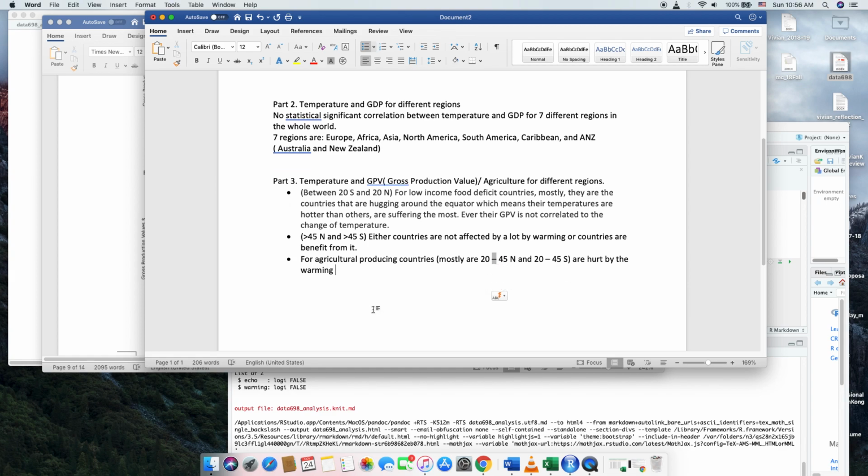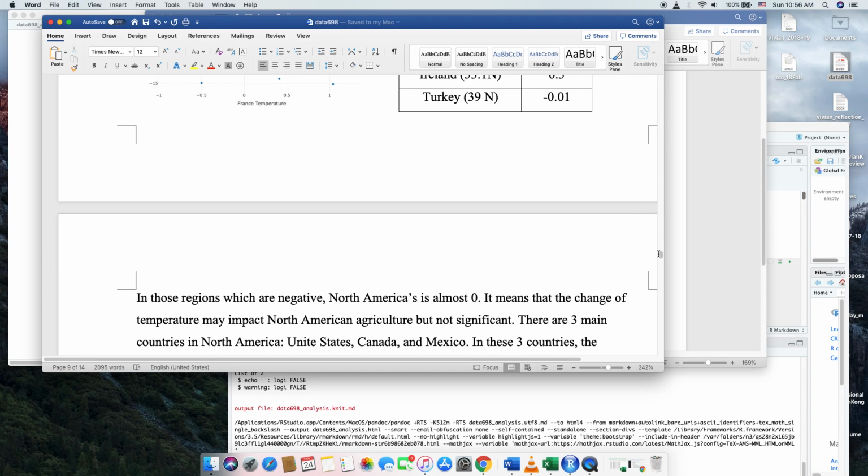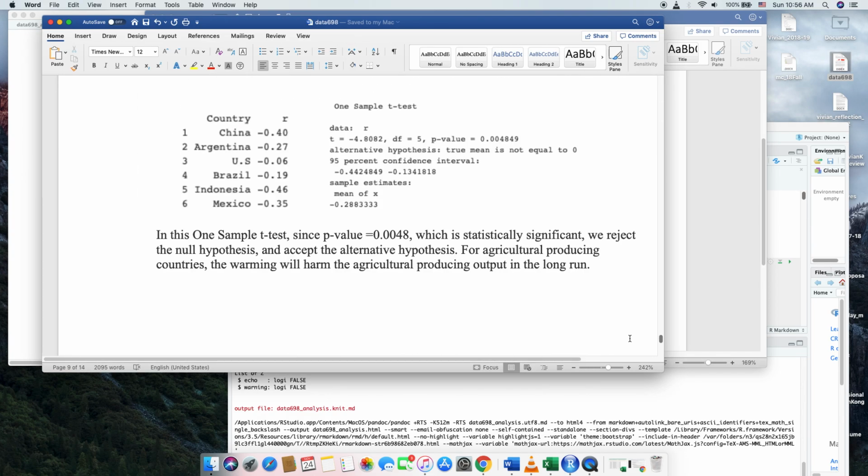Now for the third part, which is agricultural producing countries, mostly between 20 to 45 degrees north and 20 to 45 degrees south. For those countries, the temperature in general should be perfect for developing agriculture, because it's not too hot and not too cold. I did a hypothesis testing and chose 6 countries: China, Argentina, US, Brazil, Indonesia, and Mexico.